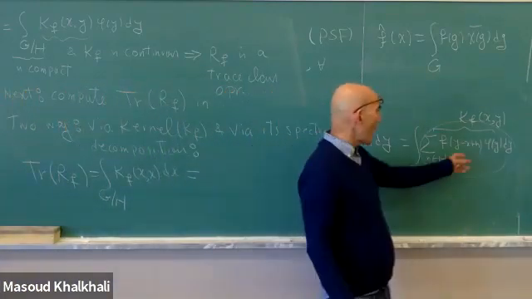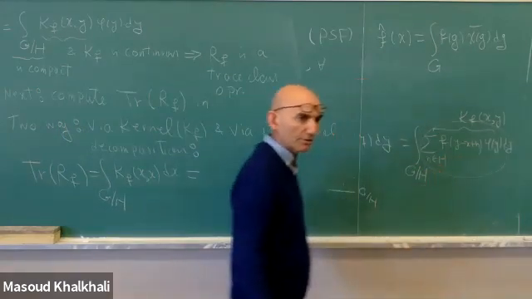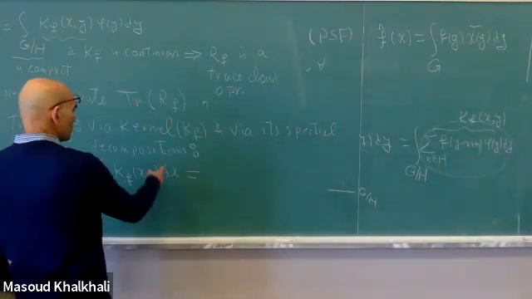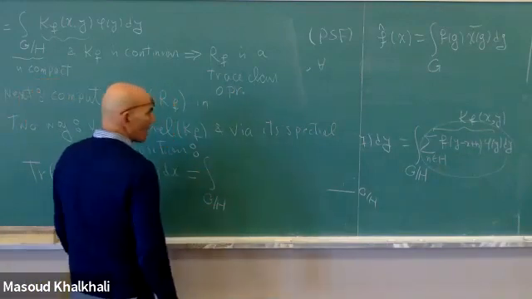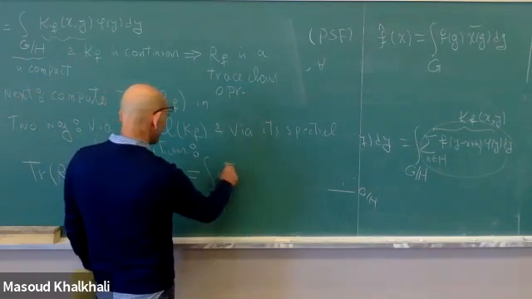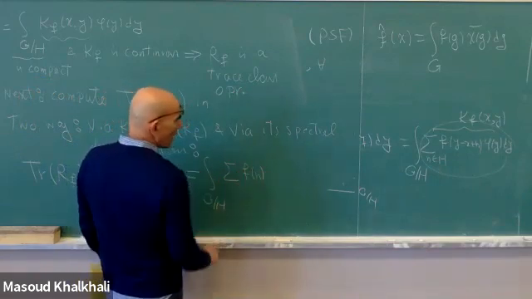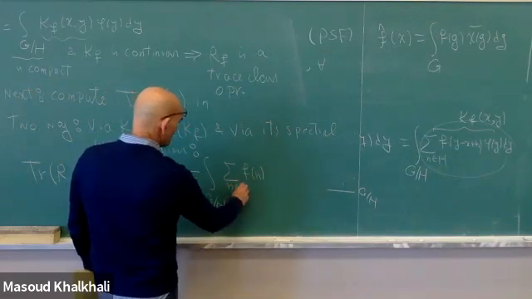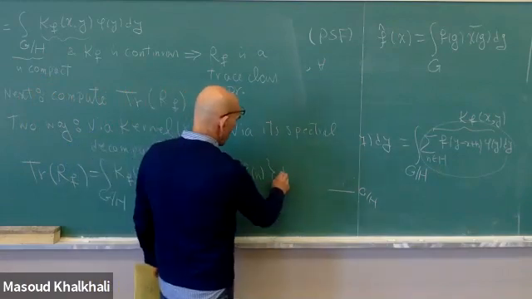Here, if you put y equal to x, you're summing over this discrete set H. So this is equal to the integral over G over H of the sum of f of h, h belonging to H, dy.